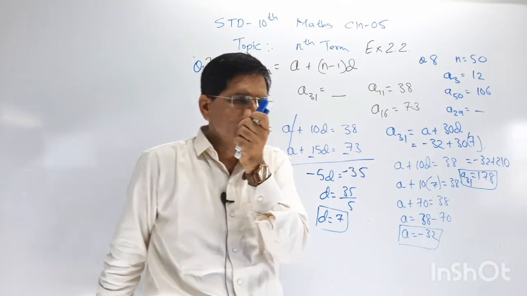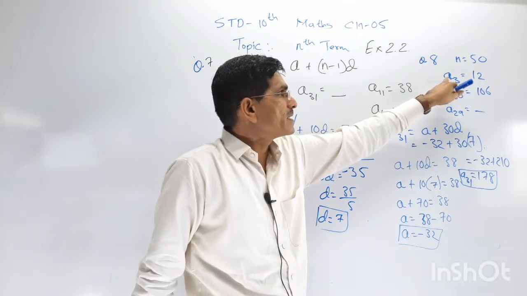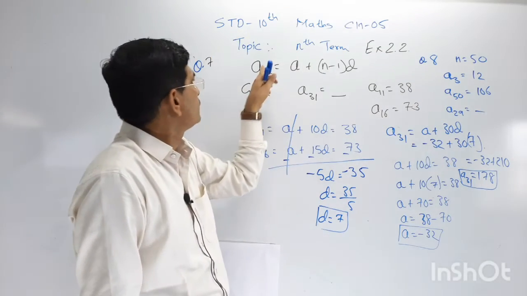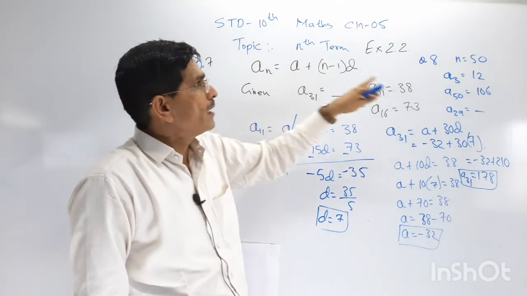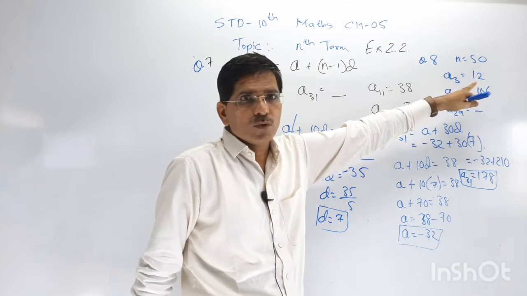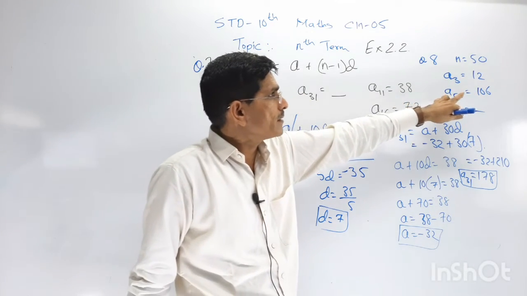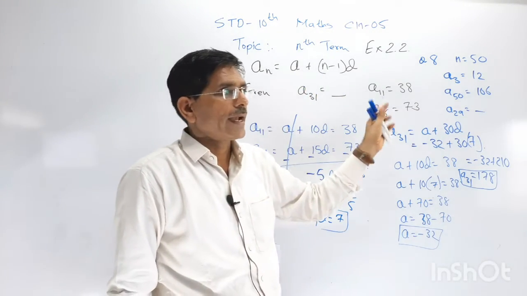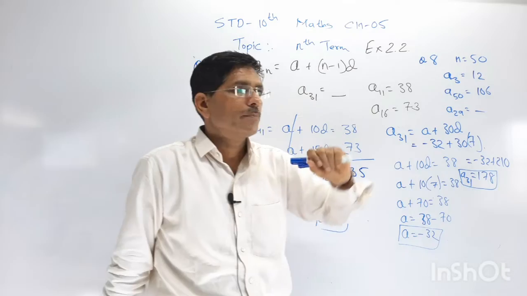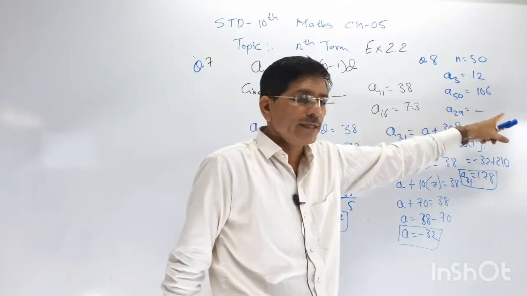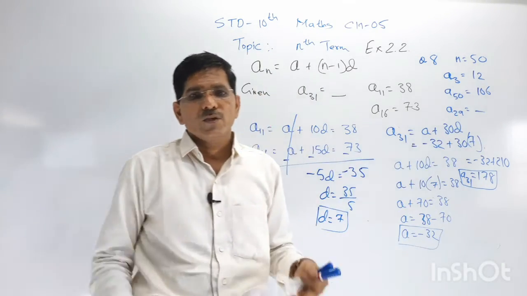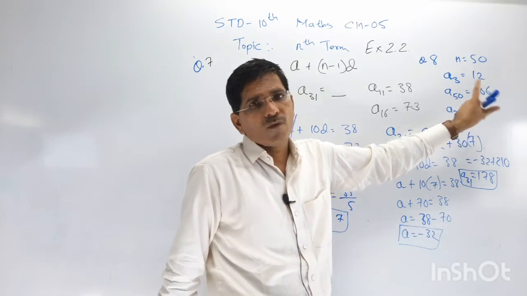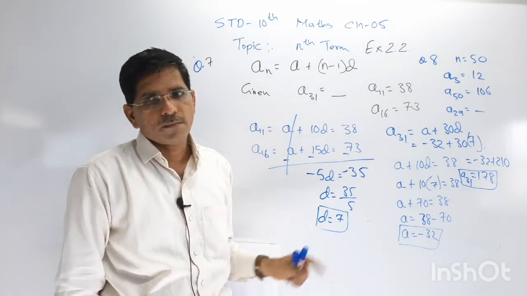A3 means we have to use A plus 2D. A3 means A plus 2D is equal to 12. A50 means last term 106. By making two equations, we have to find A and D and put them in A29, that is A plus 28D. So put the values of A and D in A plus 28D, we can do it by the same method.